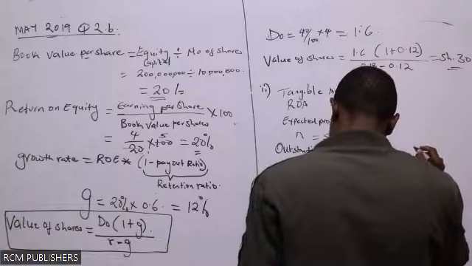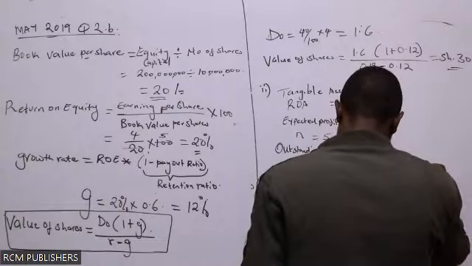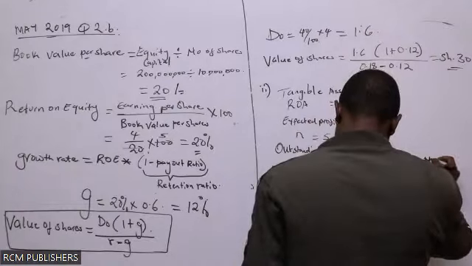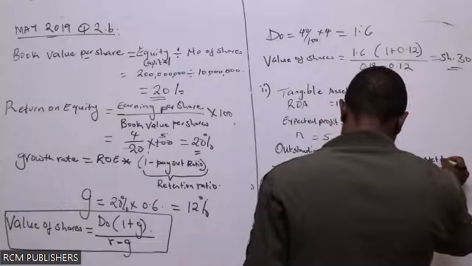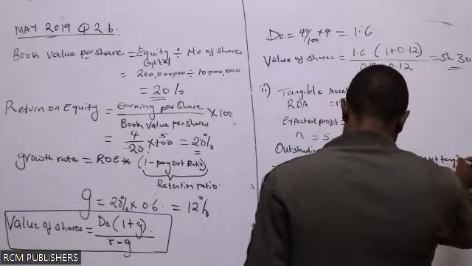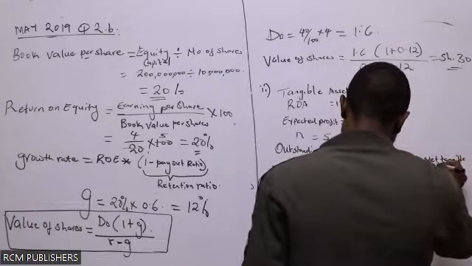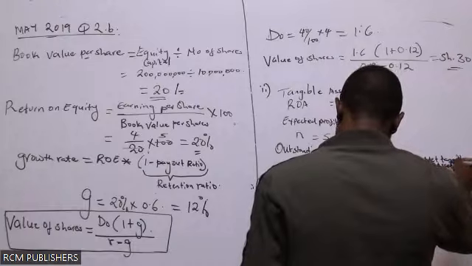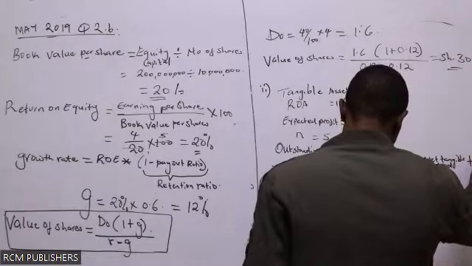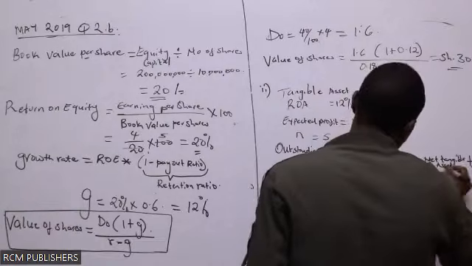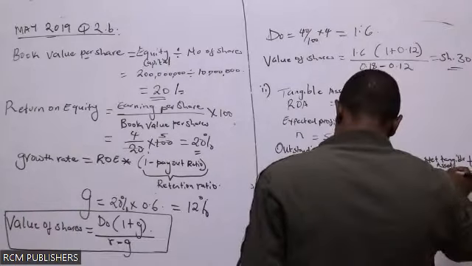So in the same way, P0, the market value, is given by the net tangible assets. Then to this you have to add the goodwill of that company. Add goodwill. Then you divide this by the number of shares.